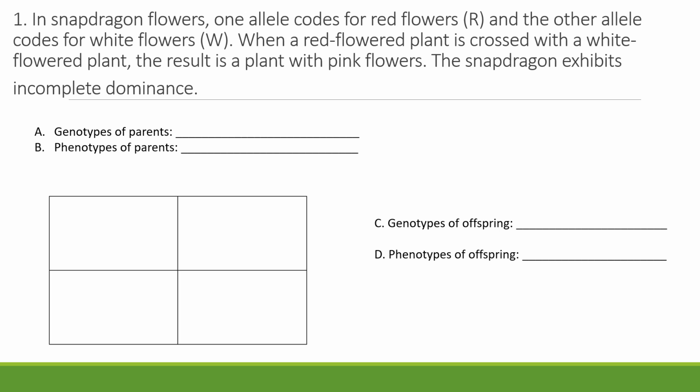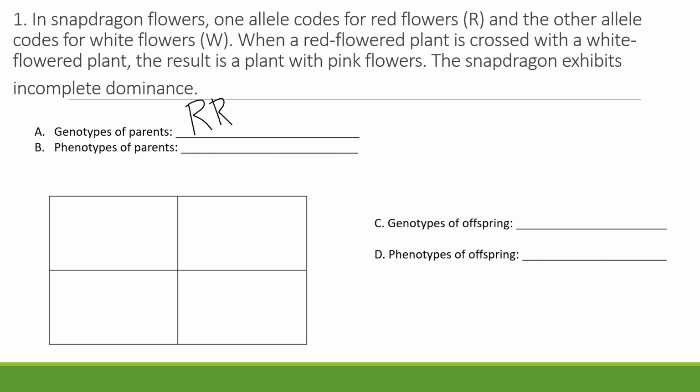Okay? So for our example, if we're talking about the genotypes of the parents, we have 2 types. So we would have RR, right? That's our red, because remember they still have 2 alleles.